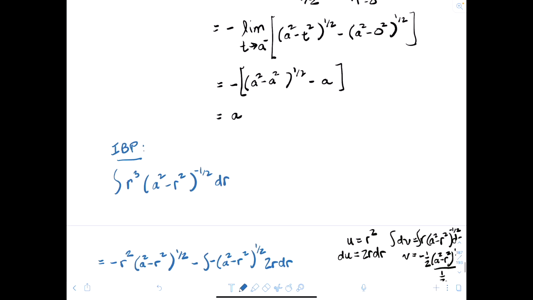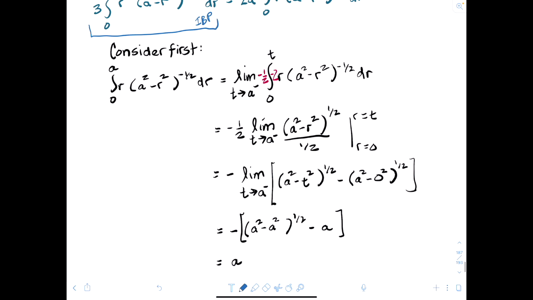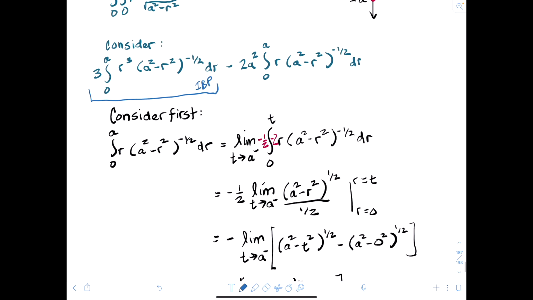So now let's put this all together. The first integral needs to be tripled. The second integral needs to be multiplied by negative 2a squared.